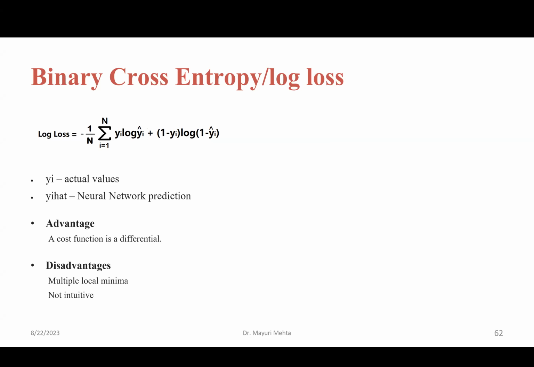For classification problems, we use accuracy, we use confusion matrix, we use the ROC curve. The question is, which evaluation parameters are used to evaluate the performance of regression models, and which are used to evaluate the performance of classification models?